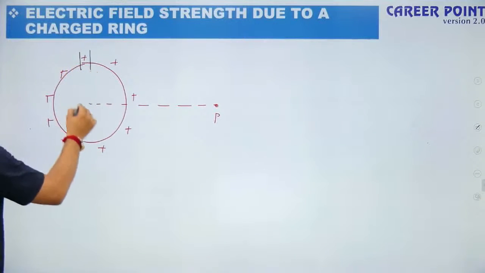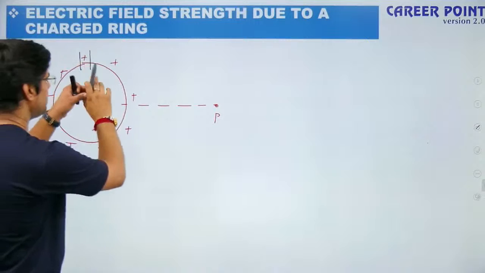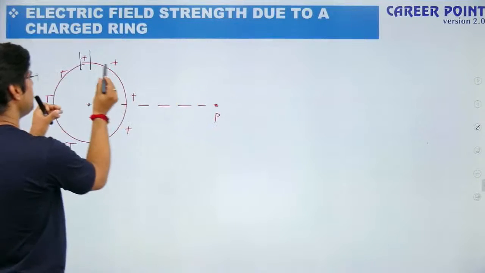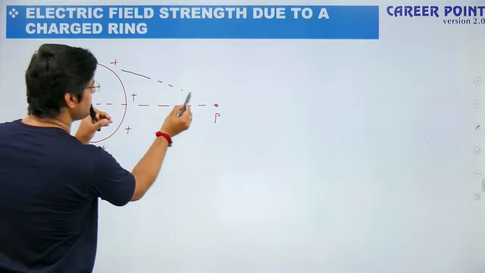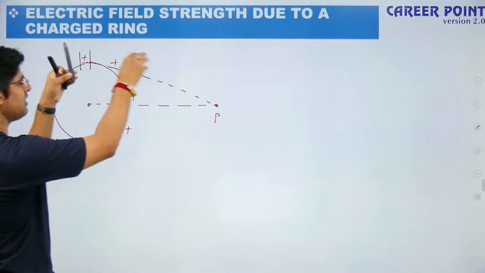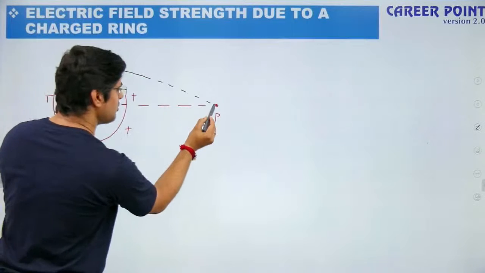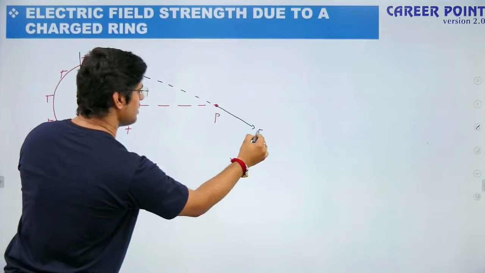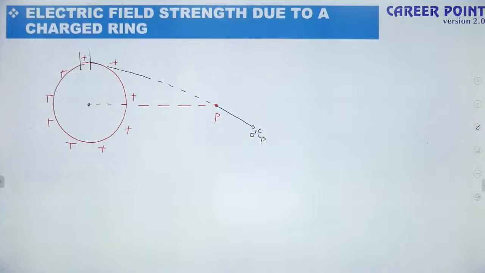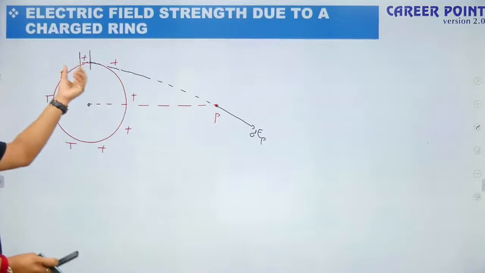Let's take one element here. Due to this elemental charge, I have to write electric field at point P. Let's match the point P with the element first. So due to this element, if I have to show electric field at point P, what will be the direction of electric field at point P? That is dE at point P, due to that positive charge.